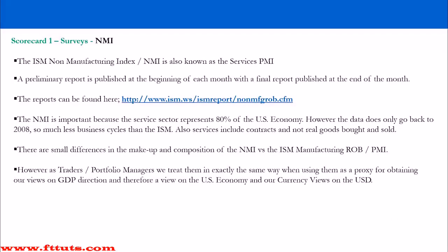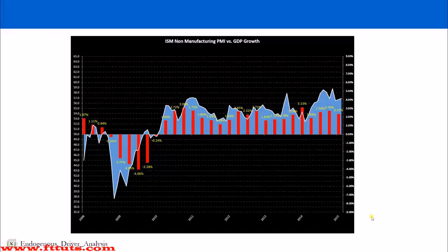And if we want a pictorial representation of what the NMI looks like, we can look at the data going back to 2008 relative to GDP growth. You can see here it's quite similar to the ISM. If we look at the last business cycle, we can see the NMI negative at the beginning of 2008.